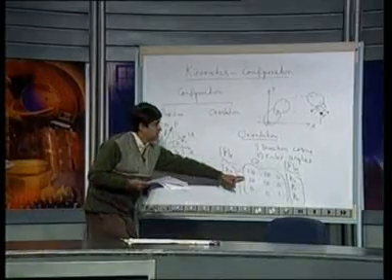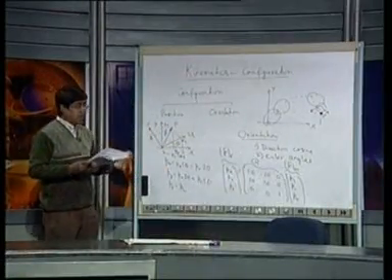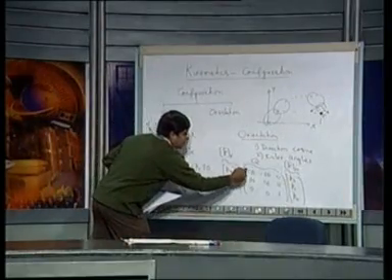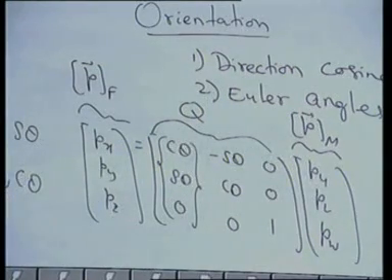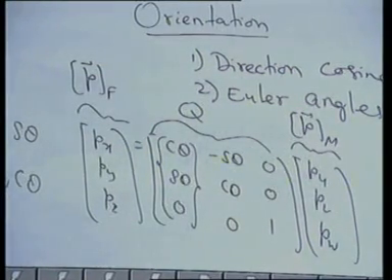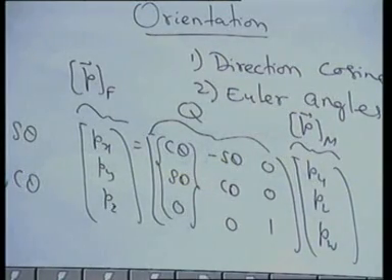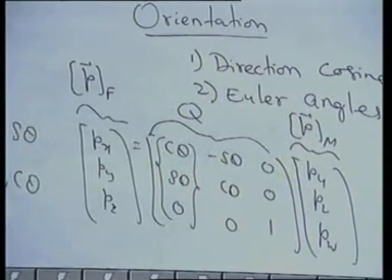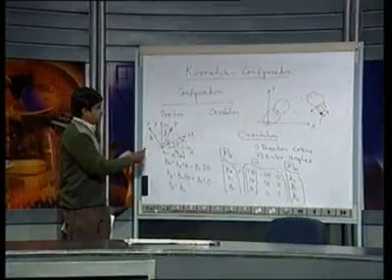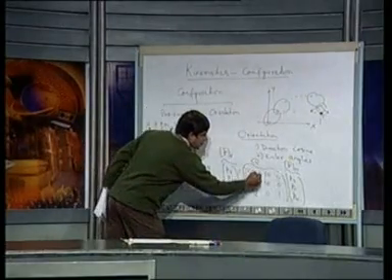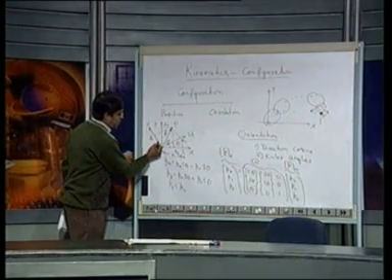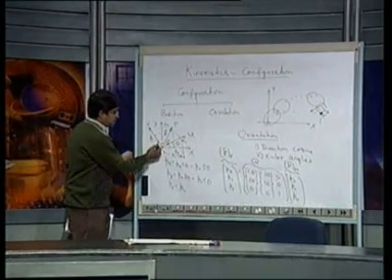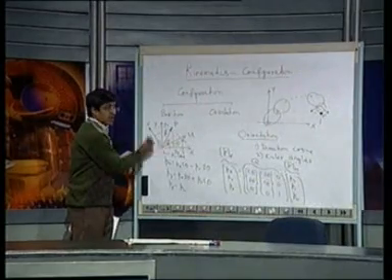Now, these components can be shown to be, for example, this column cos theta, sin theta, 0, which is nothing but the components of the unit vector u along the x direction and along the y direction, is it not? Similarly, the second column is nothing but the components of v along x and along y, and so on.